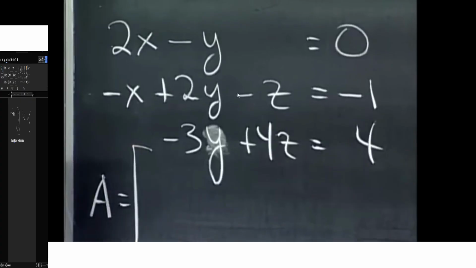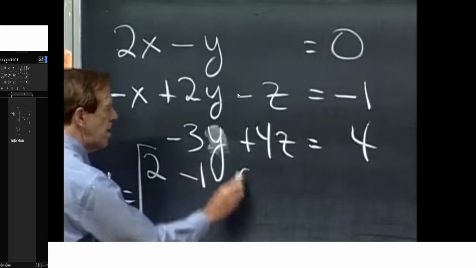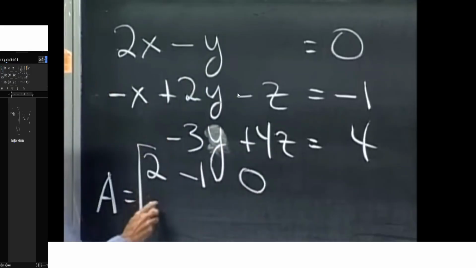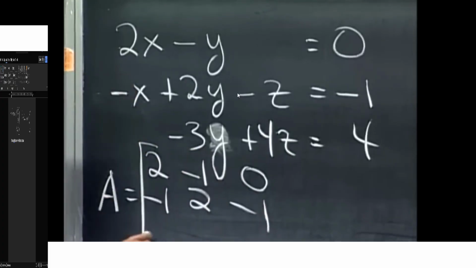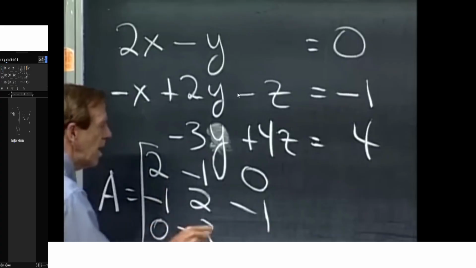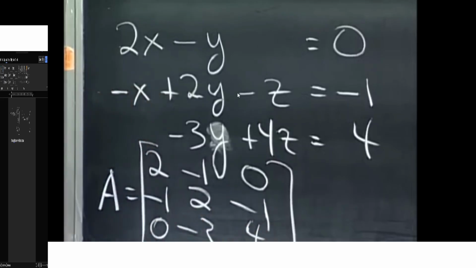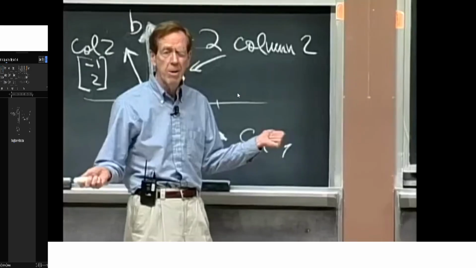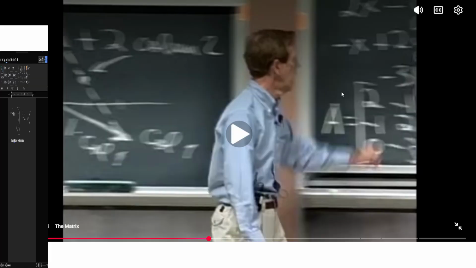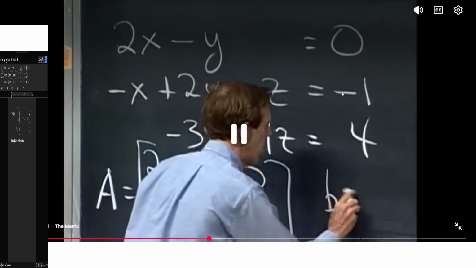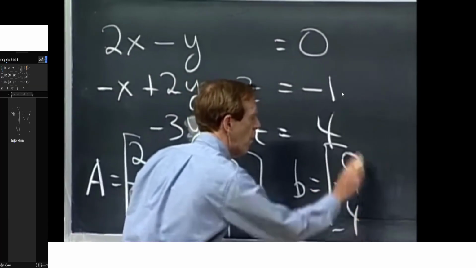Our matrix A is the 2 and the minus 1 and the 0 from the first row, the minus 1 and the 2 and the minus 1 from the second row, the 0, the minus 3, and the 4 from the third row. So it's a 3 by 3 matrix. 3 equations, 3 unknowns. And what's our right-hand side? Of course, it's the vector 0, minus 1, 4.